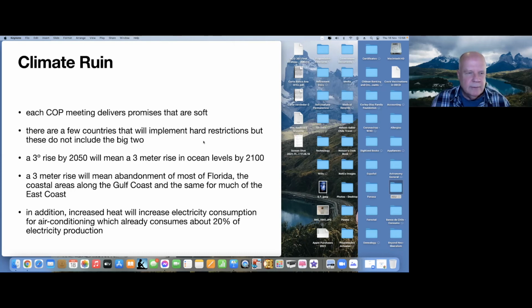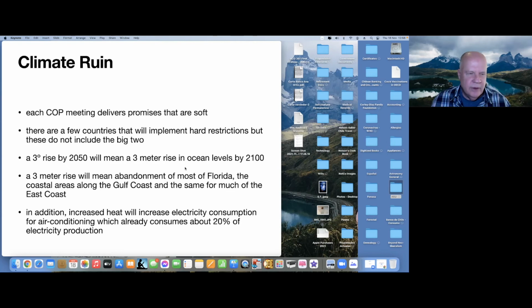That's the biggie. A 3-meter rise will mean that we abandon most of Florida, the coastal areas along the Gulf Coast, and the same for much of the East Coast. That means tremendous amounts of migration inland into the continental United States.